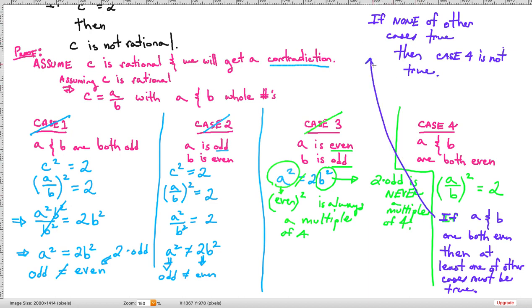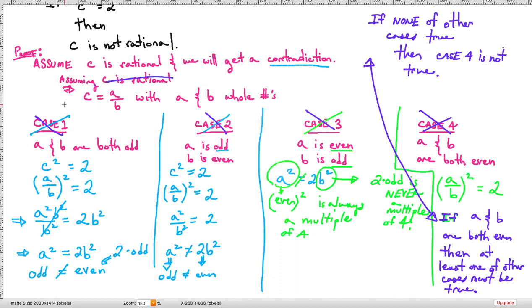These two are completely implying one another. Case 4 is that they're both even, right? And again, if none of the other cases are true, then case 4 is not true. I showed that none of the other cases are true, therefore case 4 is not true. And I showed, under the assumption that C is rational, that then none of the cases for A over B, where A and B are whole numbers, can be true, which means that my assumption is wrong.